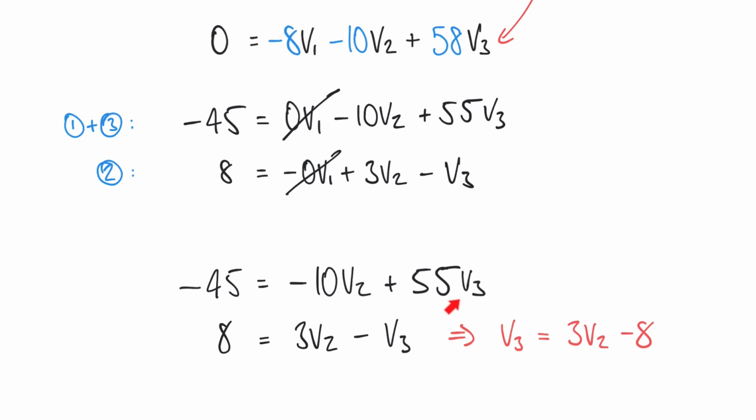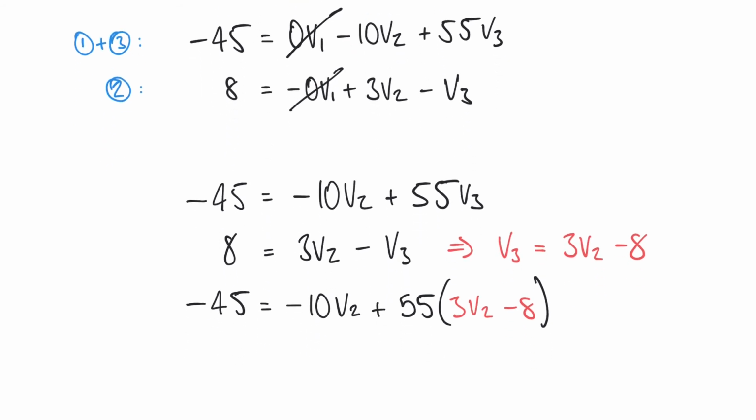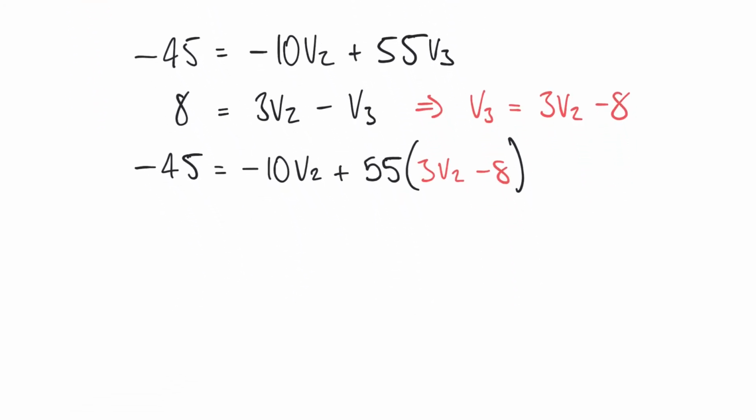We had minus 45 equals minus 10V2 plus 55V3. Well, rather than writing V3 there, we know now that V3 is equal to 3V2 minus 8. And so we can make this substitution here. So now we've got minus 45 equals minus 10V2 plus 55 times (3V2 minus 8).